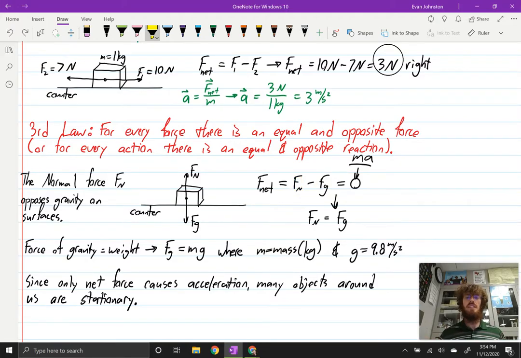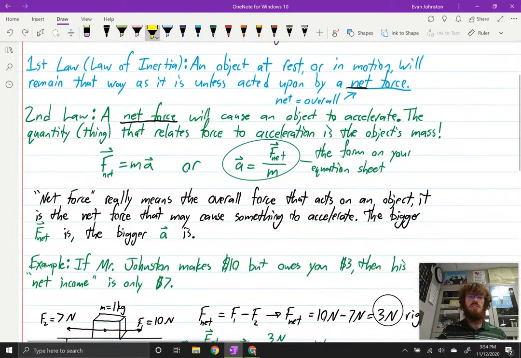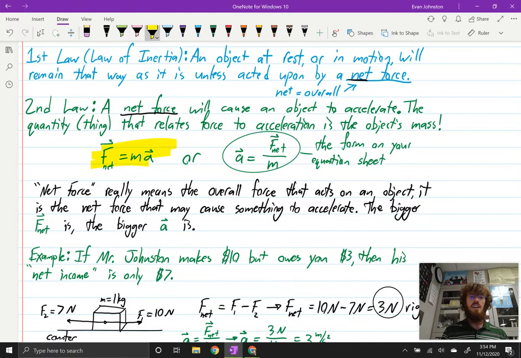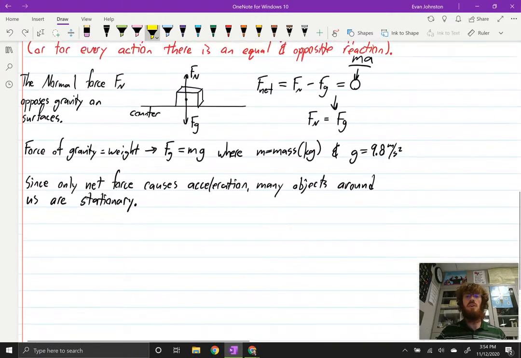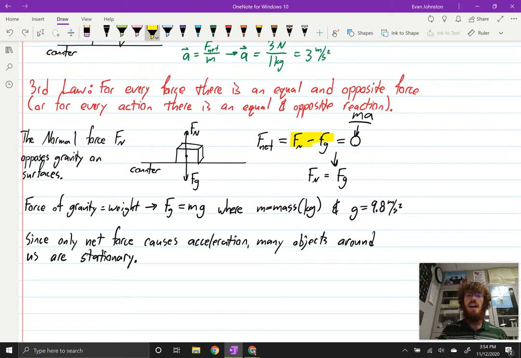Now, the neat thing is that since Newton's second law says that not only is the F net, this part on the left, this symbolic thing we're trying to write, but it's also equal to the mass times the acceleration. From looking at the physical scenario, we figured out this symbolic way to represent the net force.